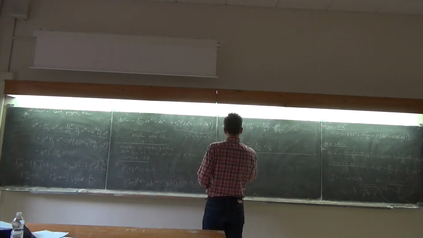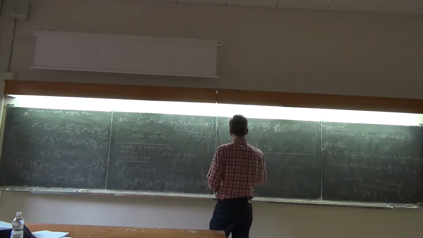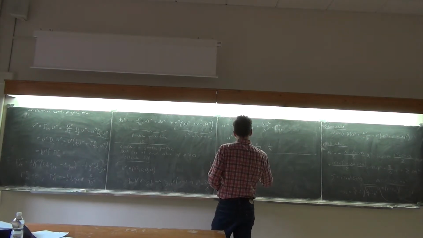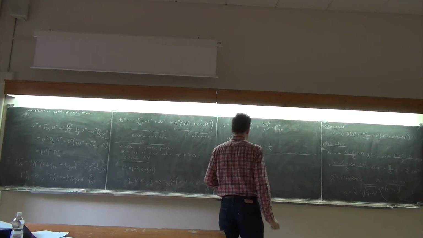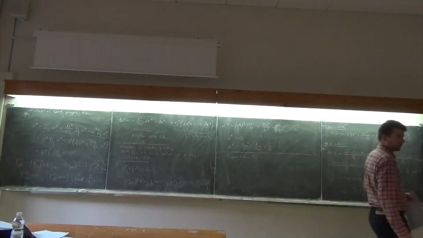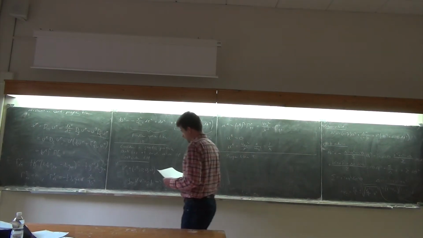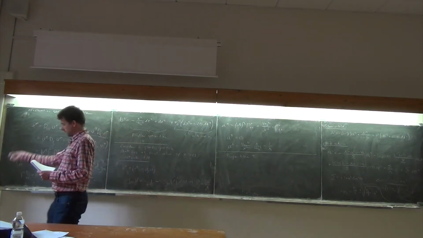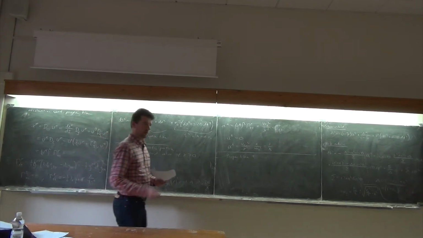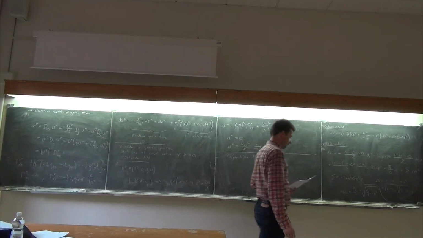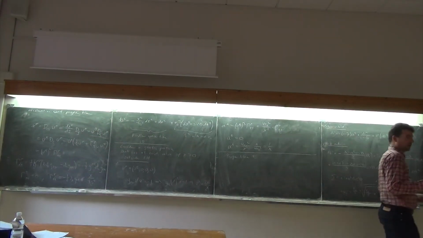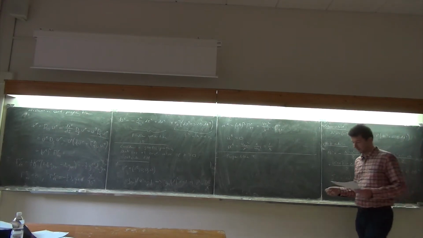Let's say the observer has proper time t instead of the proper time of the static particle. So somebody sitting far away from the black hole and looking at this static particle, what acceleration will he see the static particle having?